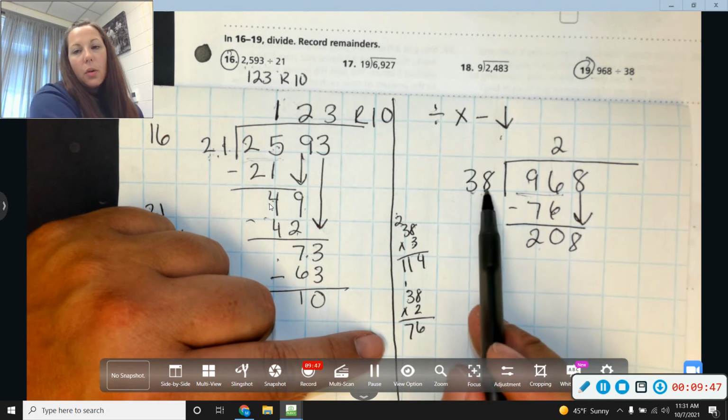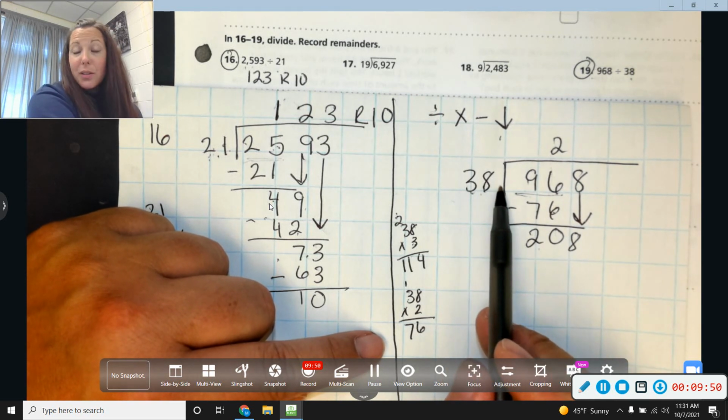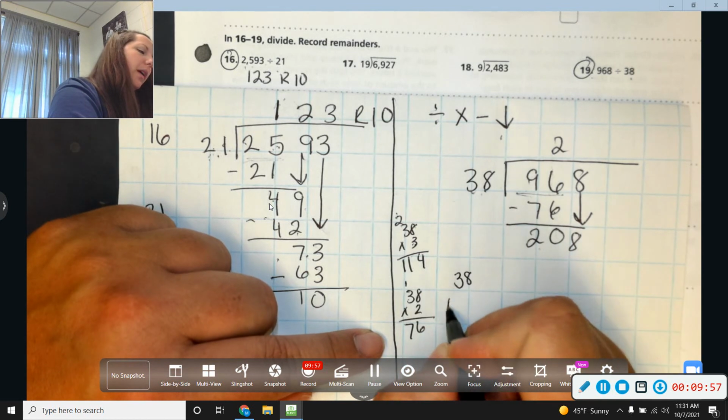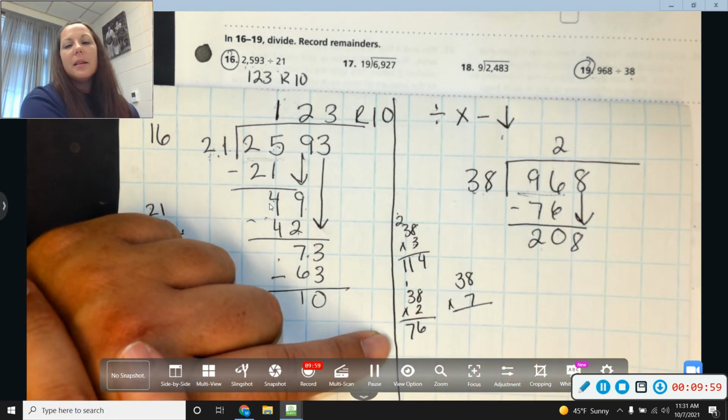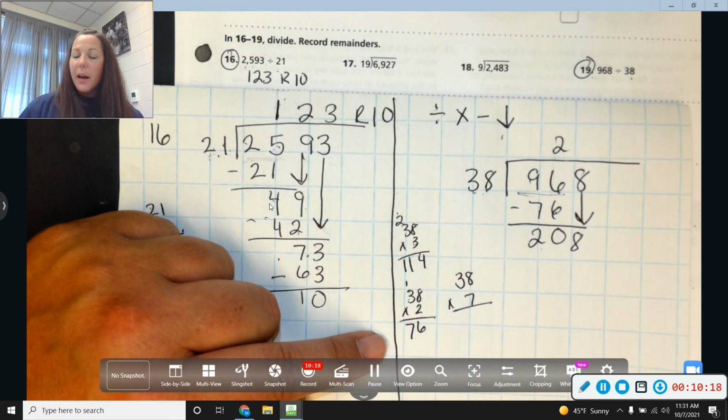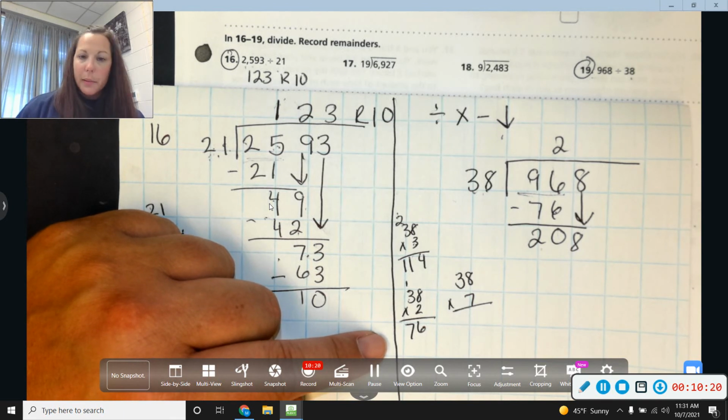Well, I know 38 times 10 is 380, so that's too much. So I'm going to check a number smaller than that. Let's just try 7. Okay? And if you're not sure how to do this multiplication, it is okay for you to get your multiplication chart, because we all need help with our multiplying sometimes.